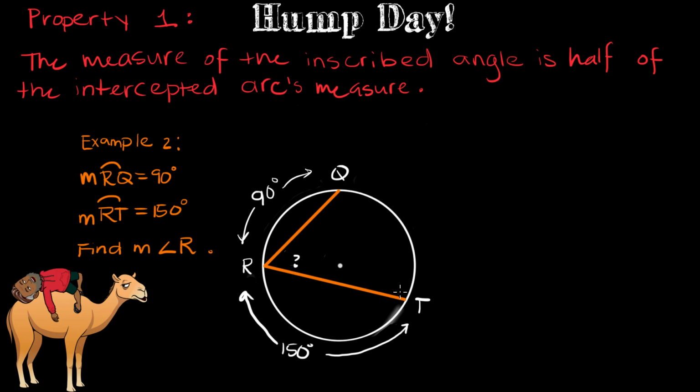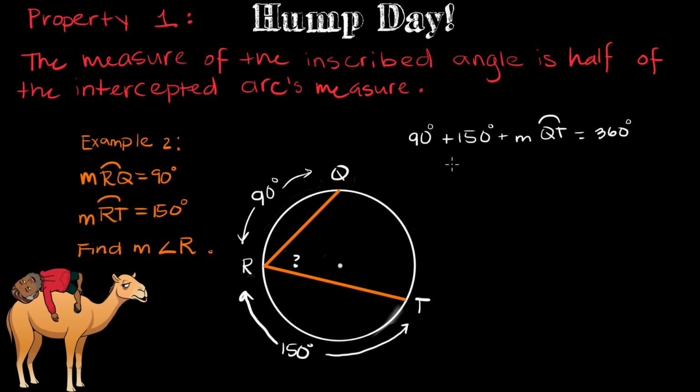I needed QT. The good news is I know what everything should add up to. All three of these arcs, the 90 plus the 150 plus the measure of arc QT, should give me the measure of the entire circle, and a full circle is 360 degrees.